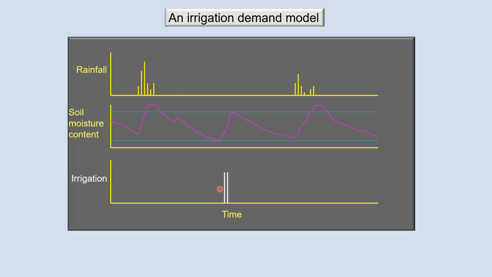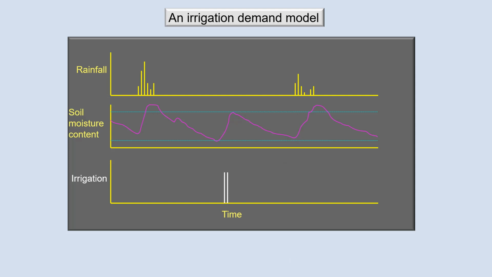Irrigation is demanded, and so irrigation is supplied. The soil moisture store is filled to the upper threshold. Then evapotranspiration takes place as crops are grown. Just here it rains, so we don't need irrigation. Rainfall has supplied the water instead.